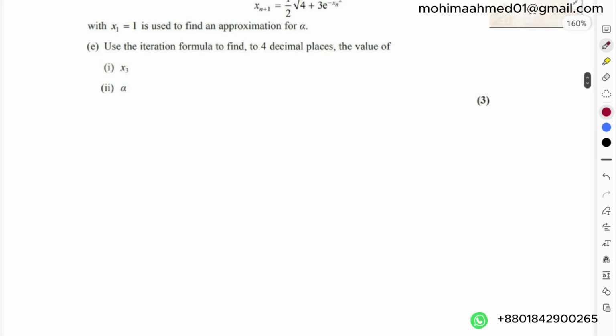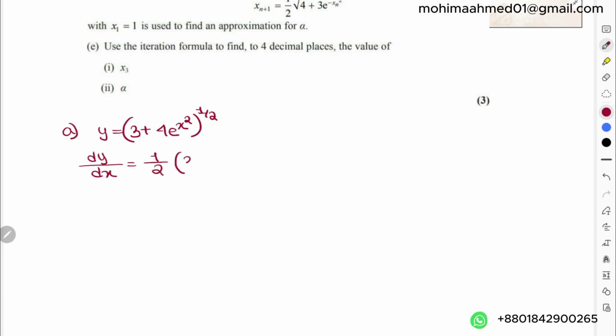That means basically I have to use the chain rule here. For part A, the equation was y = (3 + 4e^(x²)) with a power of half. If I differentiate, dy/dx is going to be half times (3 + 4e^(x²)) with the power of negative half, since half minus 1 is negative half.